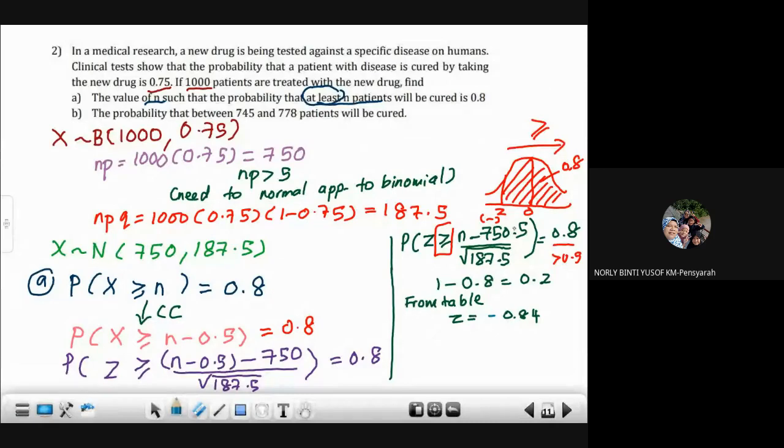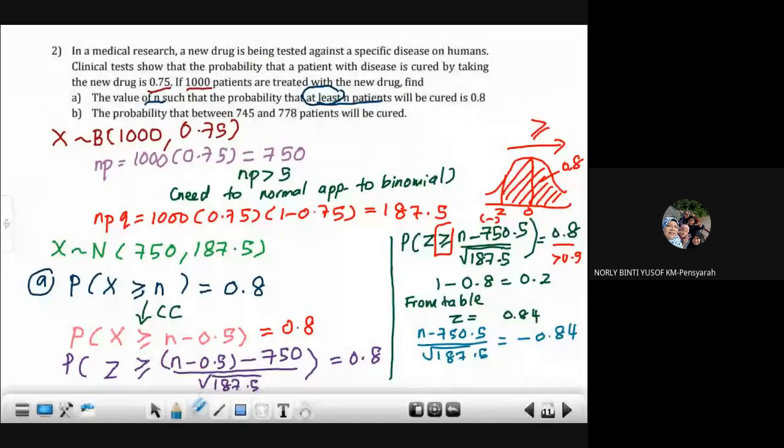So dah dapat, samakan dengan skor Z yang ni. Ni skor Z you. Macam mana you buat tadi dekat example yang mean tadi kan. So same. So kita akan samakan. So N tolak 750.5 bahagi square root 187.5 sama dengan negatif 0.84.